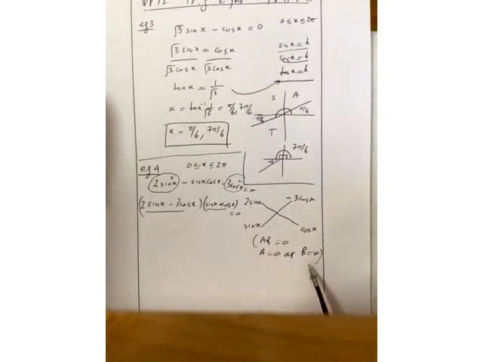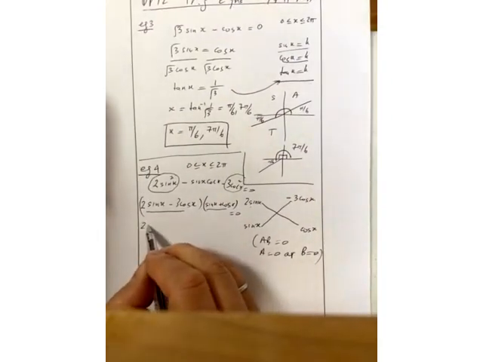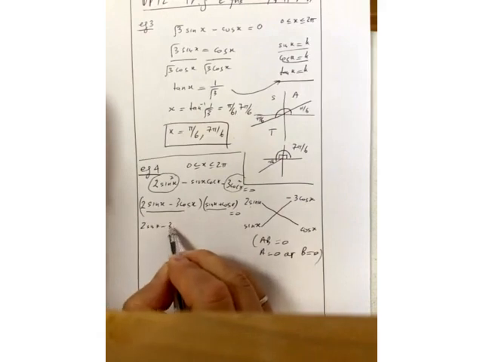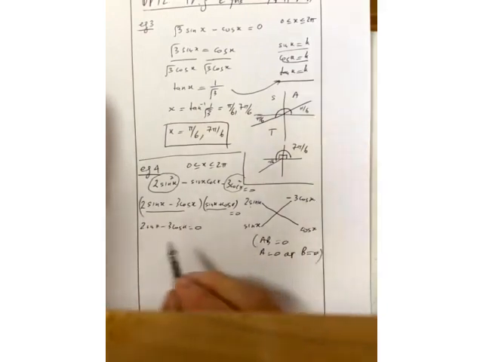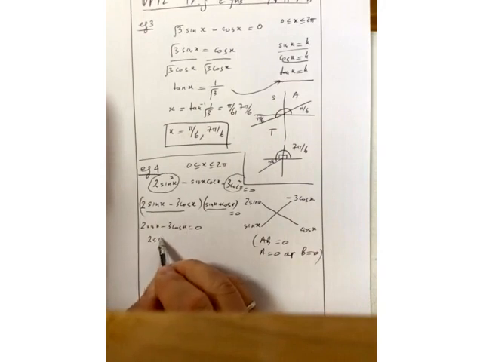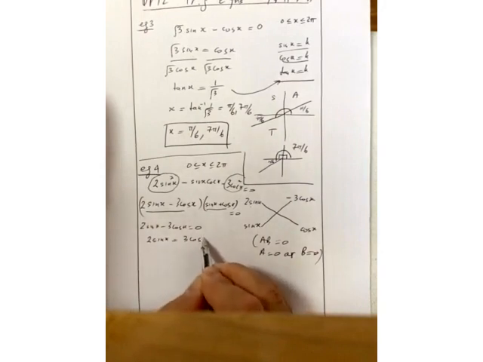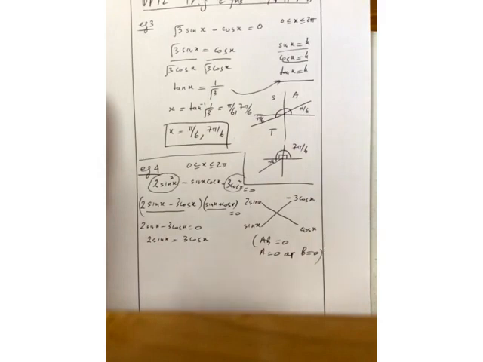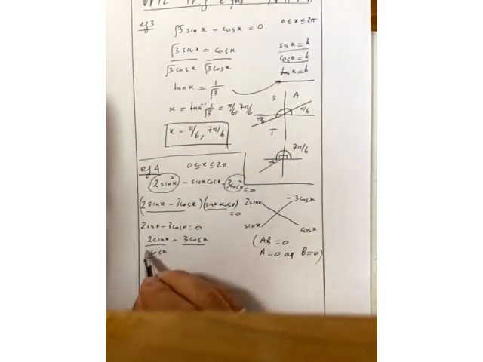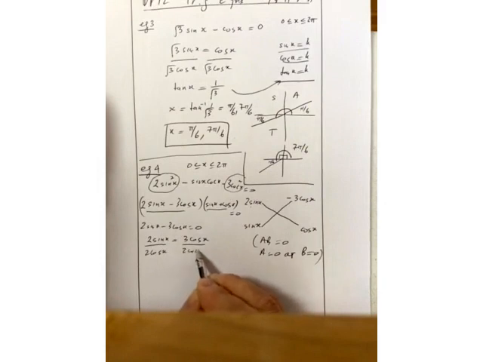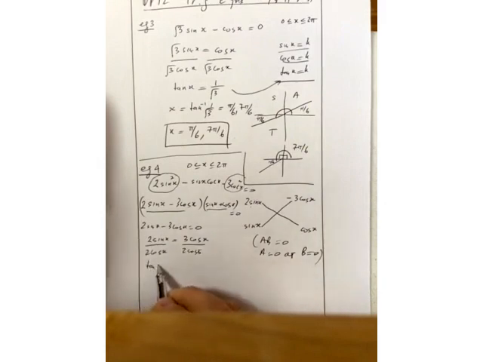If not, you learn it now. That means 2 sine x minus 3 cos x equals 0 is one set of solutions. And that means 2 sine x equals 3 cos x when you move to the other side. Then dividing both sides by cos x, with a 2 in front as well, you get tan x equals 3 on 2.